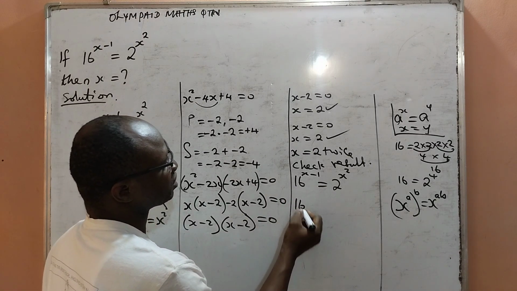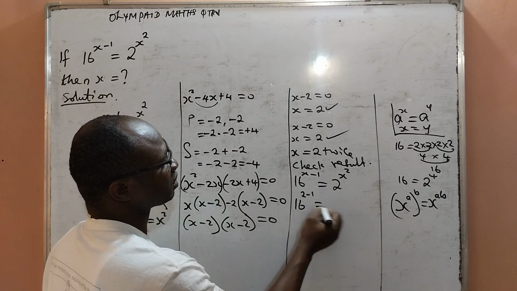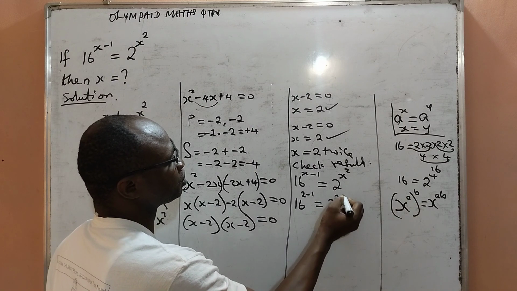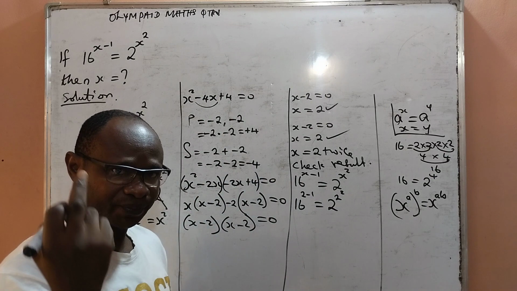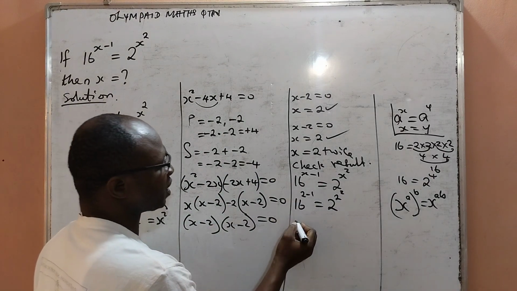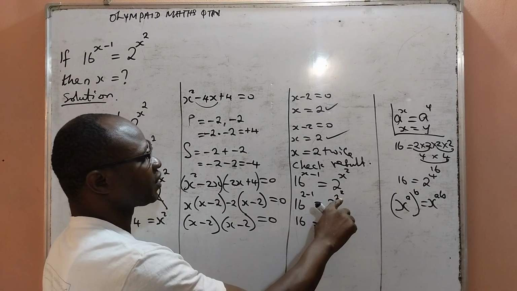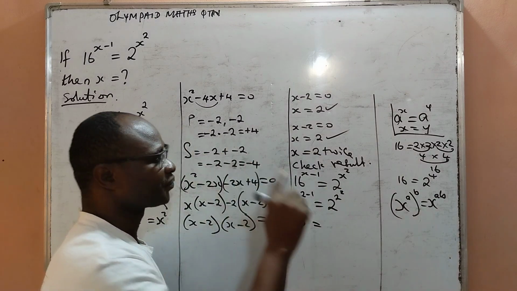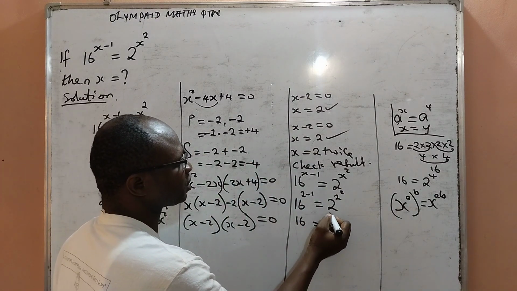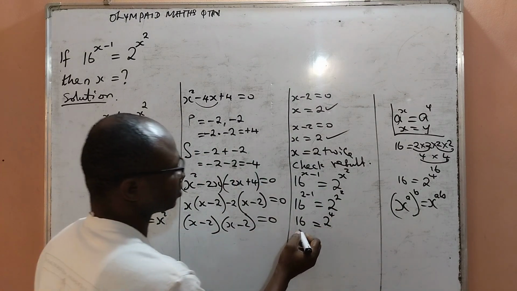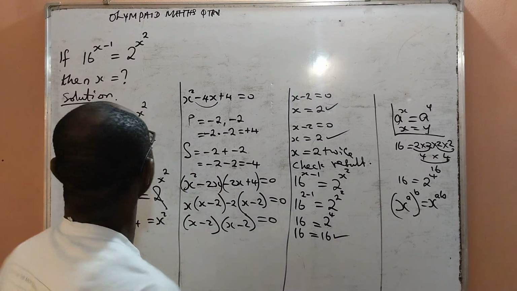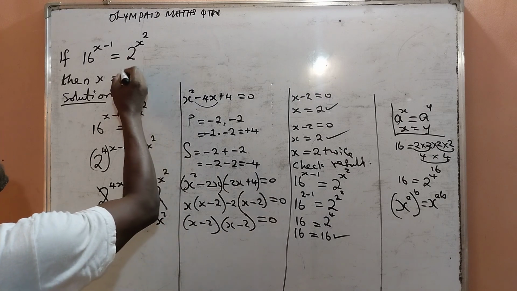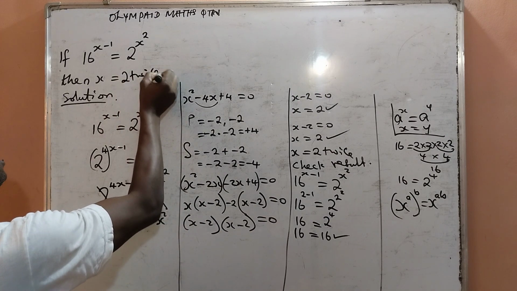This becomes 16 raised to power 2 minus 1 equal to 2 raised to power 2, all raised to power 2. 2 minus 1 is 1, and 16 raised to power 1 gives me 16. 2 raised to power 2 is 4, and 2 raised to power 4 is 16. So we have 16 equal to 16, authenticating the answer we got, and the value of x is equal to 2 twice.